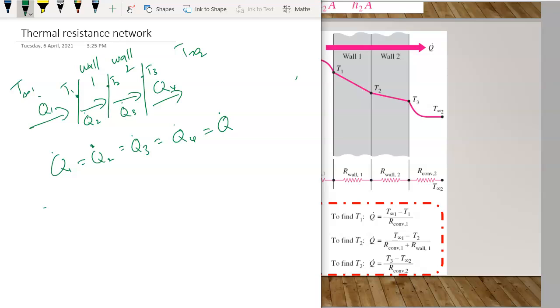So Q1 is equal to T infinity 1 minus T2 over R total.